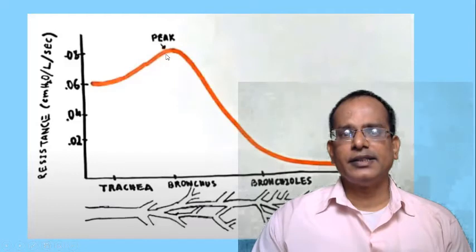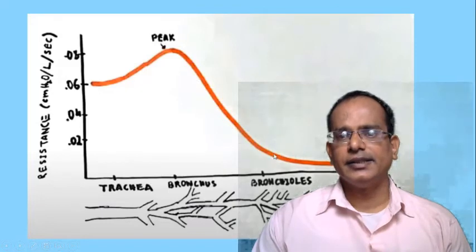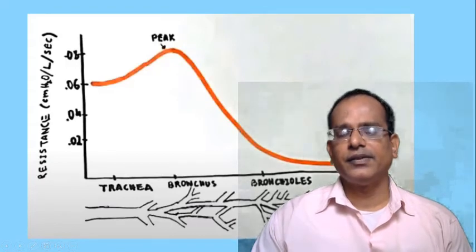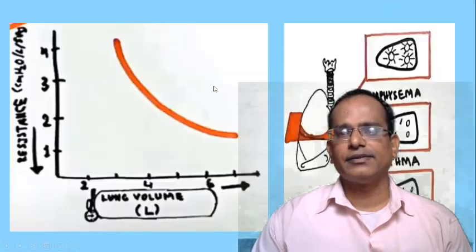In the bronchi it peaks, and the resistance has increased. After that the resistance decreases. In the bronchioles the resistance is very low, and in the terminal bronchioles the resistance is very low. So that indicates that as the flow rate increases, the airway resistance decreases. That is the meaning of this graph.